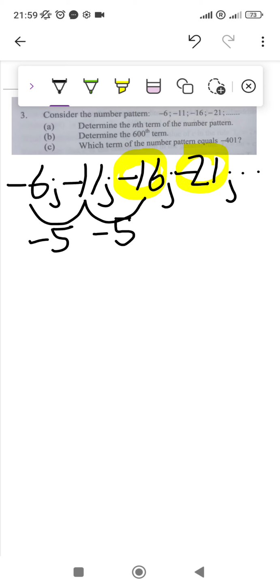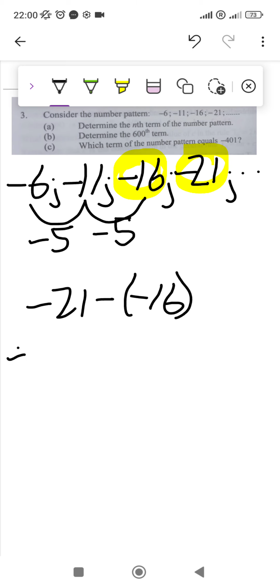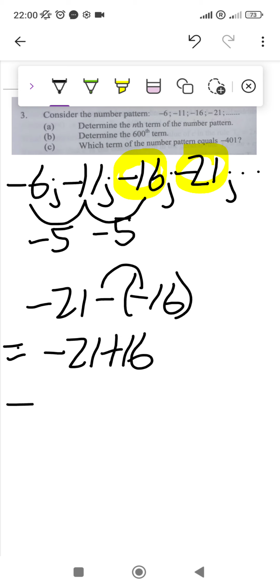So we're going to say -21, always the second one, and we subtract the -16, because we're finding difference. These two are going to generate a positive, because they're multiplying. So it's -21 plus the 16 rather, and again that is -5. So from my third term to my fourth term, I had to subtract 5.